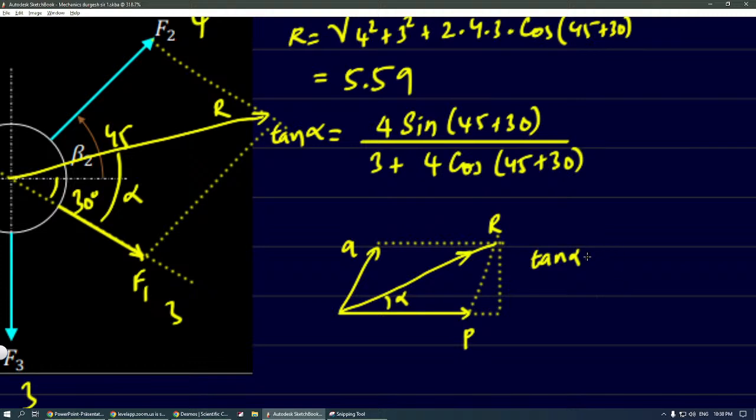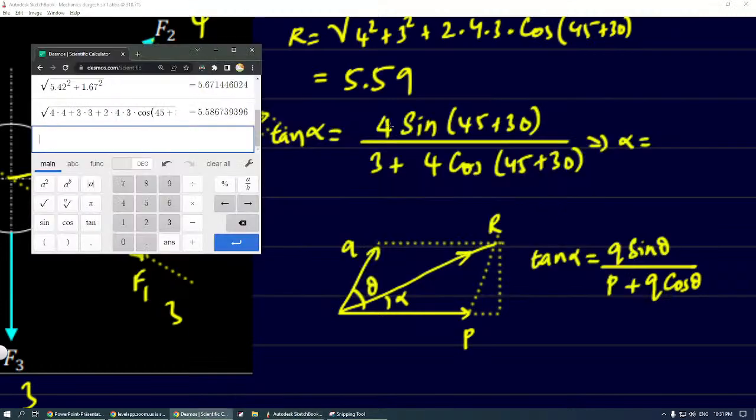The opposite length is Q into sine theta, divided by the total length. The total length is this plus this. This length is P, and this length is Q cos theta. Got it, sir. So that same formula I'm using here. If you want to find alpha, you have to take tan inverse and find what alpha is.